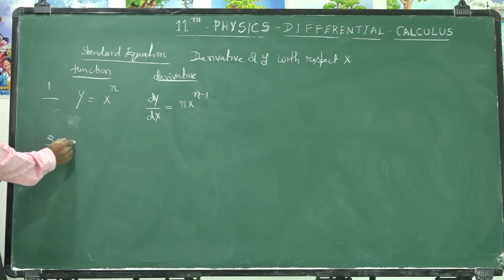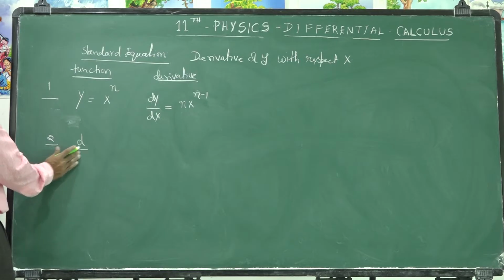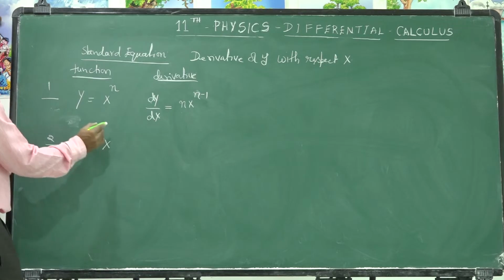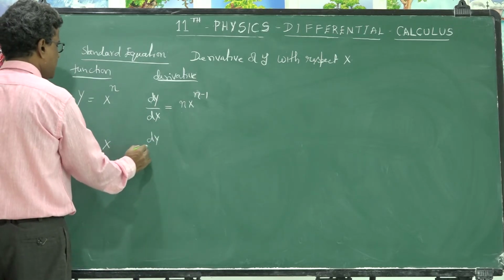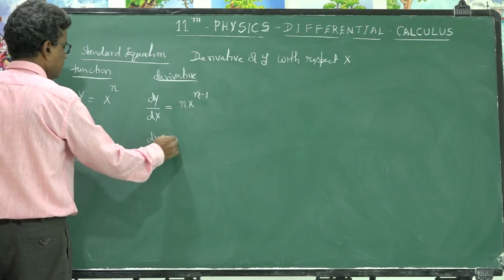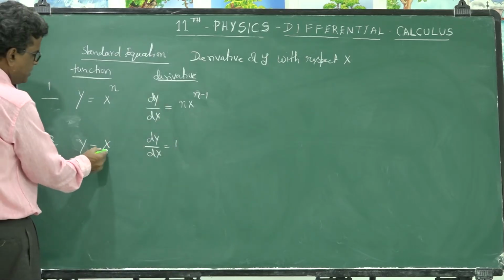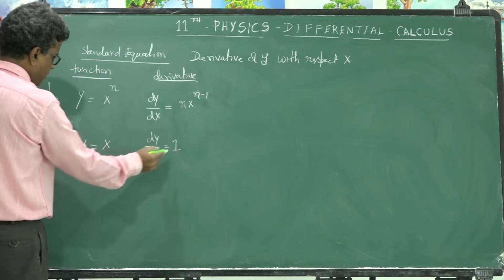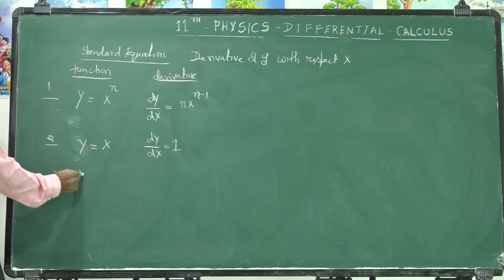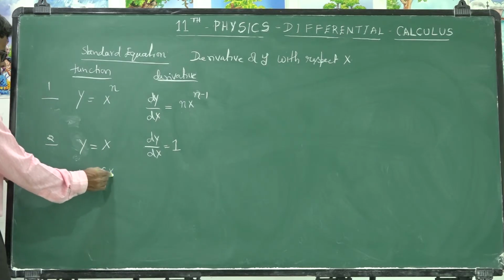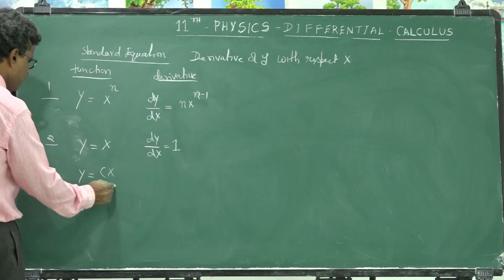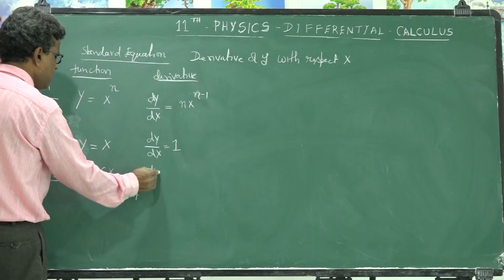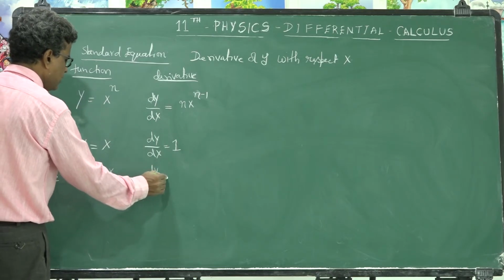Second one, let it be y is equal to x, then dy by dx is equal to 1. That means if you differentiate x with respect to x, you will get 1. Third one, y is equal to cx, where c is a constant. Then dy by dx we can write as c.